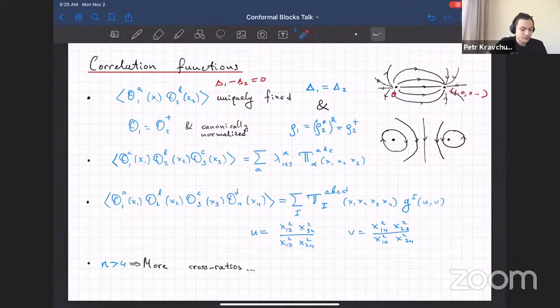For 3-point functions, again, the story is kind of similar: we just need to specify the 3-point function in one particular configuration, and then all other configurations can be computed.